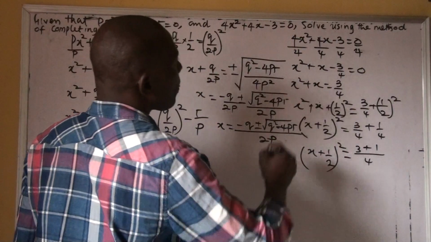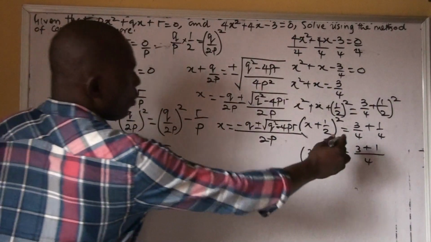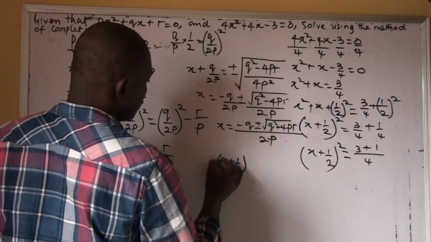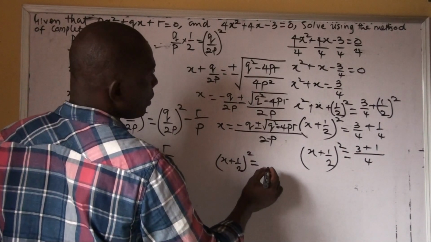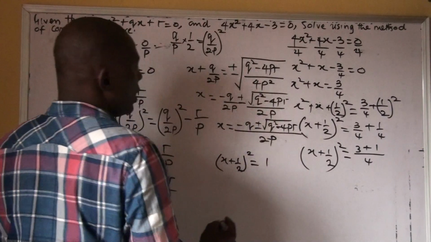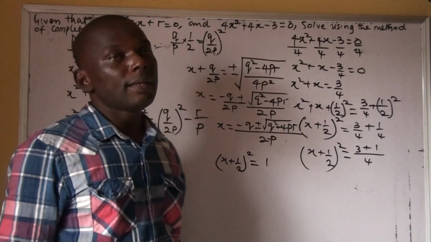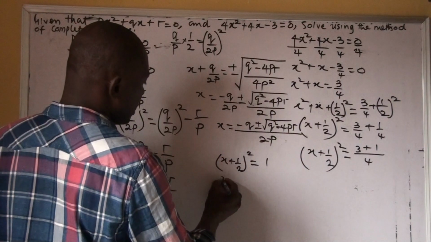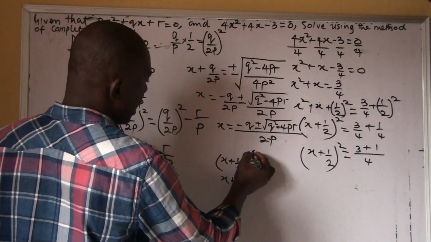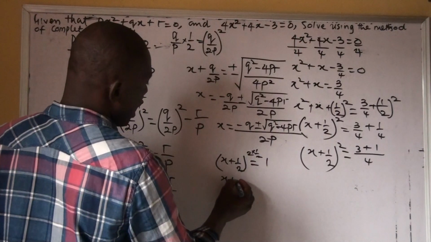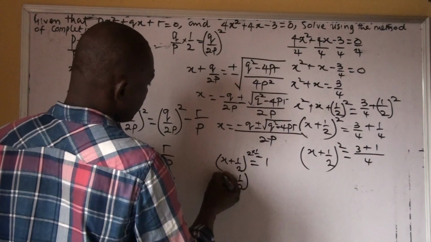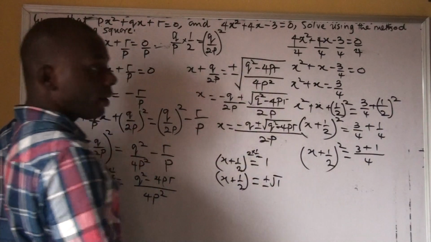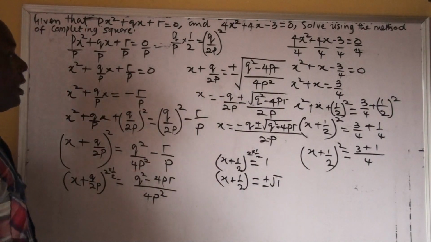So the next step: what we have here is x plus 1 over 2 all square is equal to 1. The next thing you say is take the square root of both sides. Taking the square root of both sides simply means that x plus 1 over 2 is equal to plus or minus the square root of 1. That's the implication there.